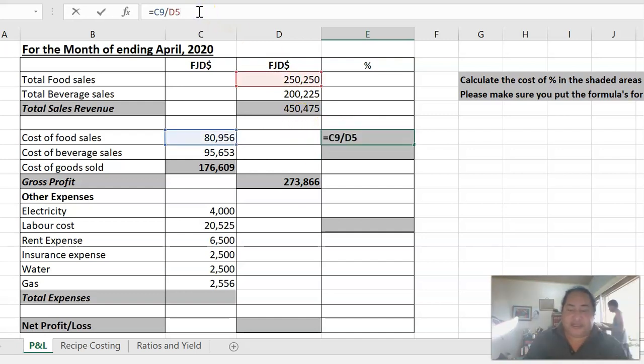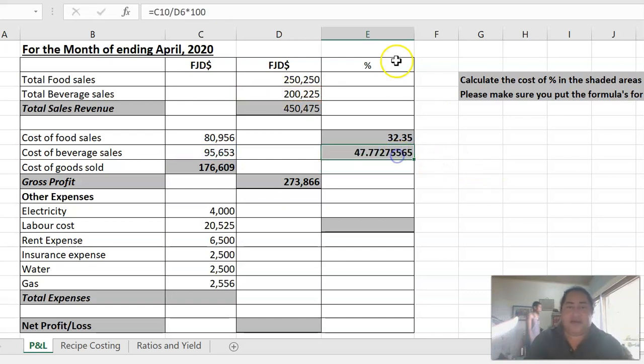You have to hit times 100. We want it as a percentage. Everything must be over 100 so that you know the percentage value. You might want to reduce that to maybe 2 decimal points. You do the same with the next one: equals cost of beverage sales over total beverage sales times 100 over 100.